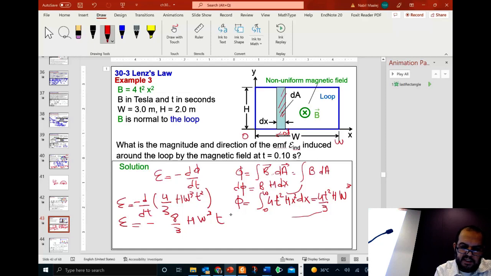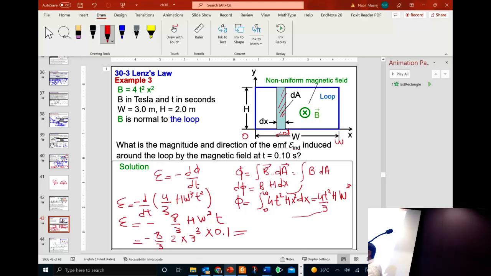Now I have to replace t at 0.1 second, so it becomes minus 8 divided by 3. H is 2 meters, W is 3 meters cubed, and t is 0.1 seconds, and you find the induced EMF. This is a little bit difficult because B is not constant here.